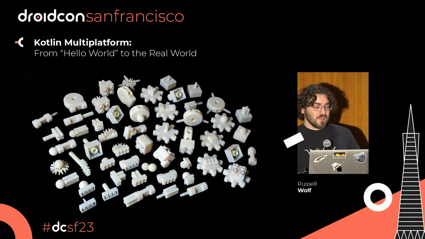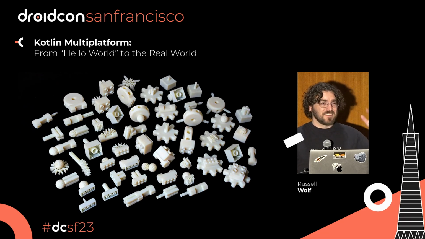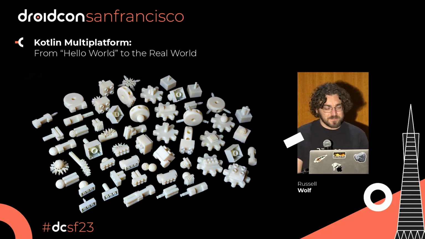For example, you use data classes in Kotlin when you're passing data information around. Swift will usually use a struct, which is a value type rather than a reference type, and you have to think about the difference between those semantics.